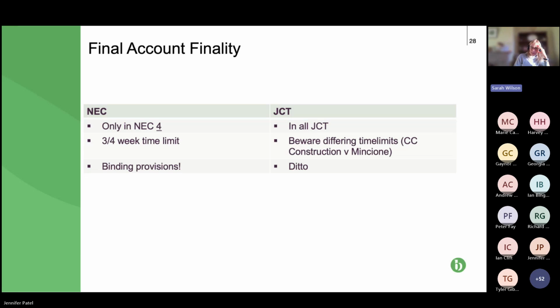Okay, so the final account and the finality of it. Up until NEC 4, there was no final account in NEC, which seemed a bit strange at first, but it just sort of worked in that the contractor can continue submitting applications for payment until the end of the defects period.